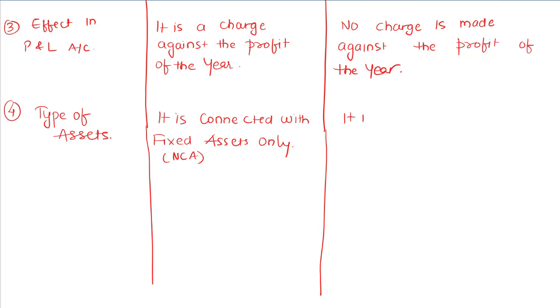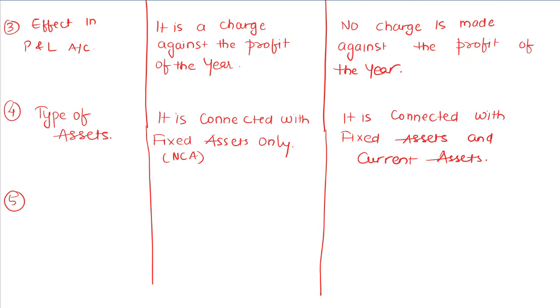Next, fluctuation is connected with fixed assets as well as current assets.